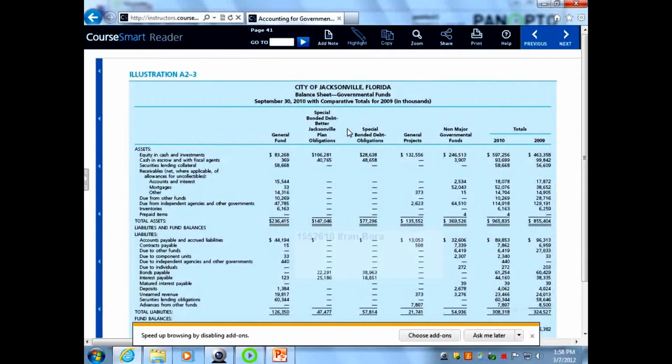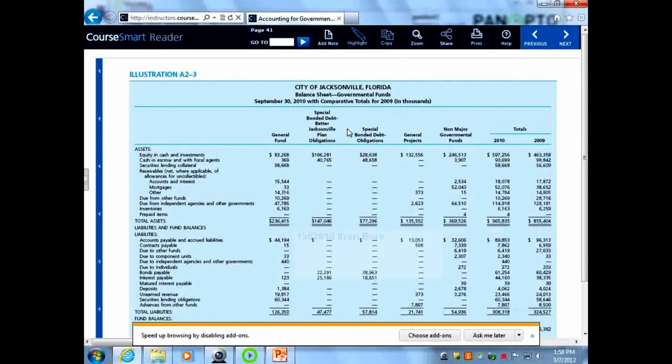Don't be concerned about the heading. What I want you to do is think about this. General fund, fund number 1, fund number 2, fund number 3, fund number 4, and then the total. And that's what we'll talk about. So it looks like we have columns for each fund. And then we aggregate them.